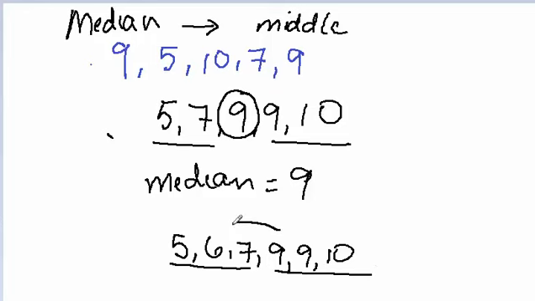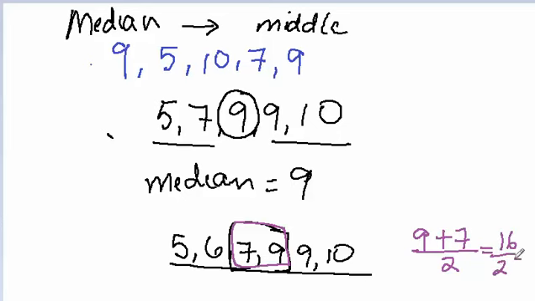You have instead 2 numbers sitting in the middle. That means you would have to take these 2 numbers, add them up, and divide, just get the average. So 9 plus 7, divided by 2, will give you the average. 16 over 2 is equal to 8. So the median for these 6 numbers would be 8.